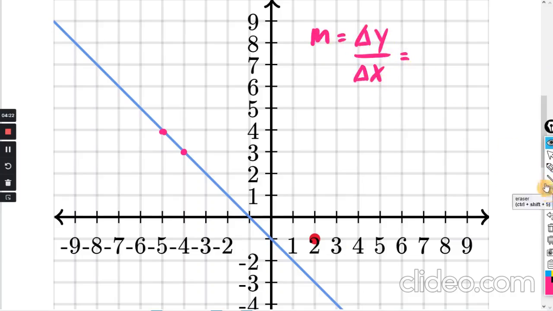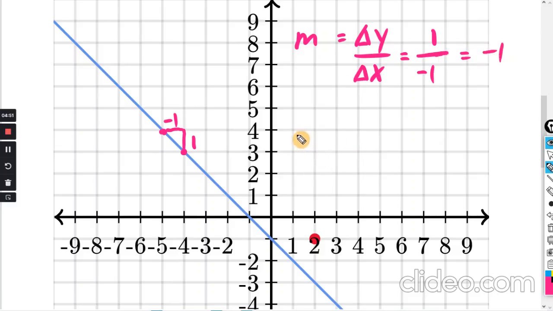This is just the slope m. So change in y, we're going to go from one point to the other. Change in y, we go up 1, so that's +1 for change in y. And then change in x, we go left 1, so that's -1 for the change in x. All right, and 1 over -1 is just -1.